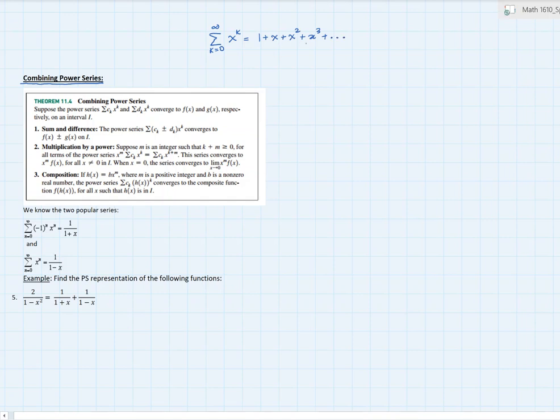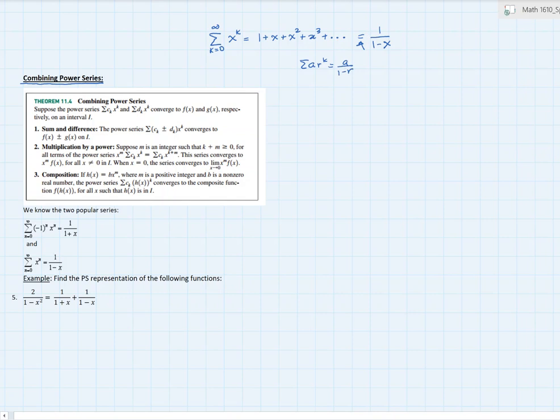Now we know that this is like a geometric series, so it converges and adds up to 1 over 1 minus x, just like a geometric series adds up to a over 1 minus r.